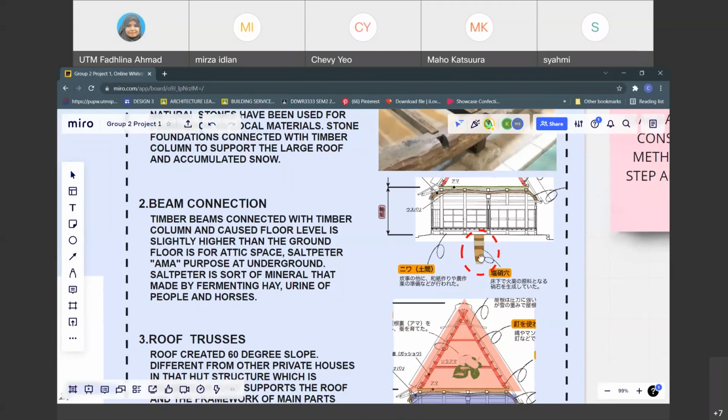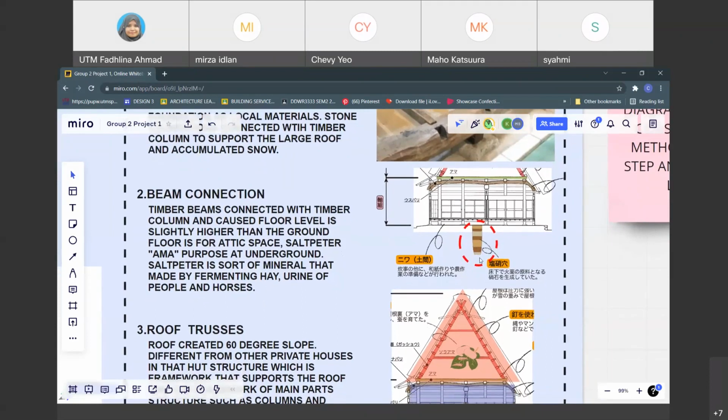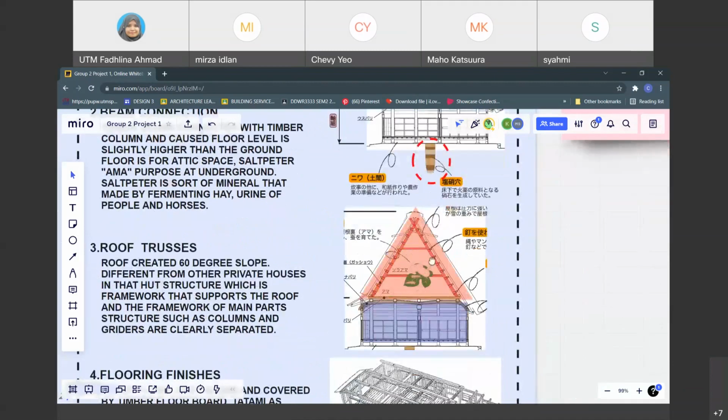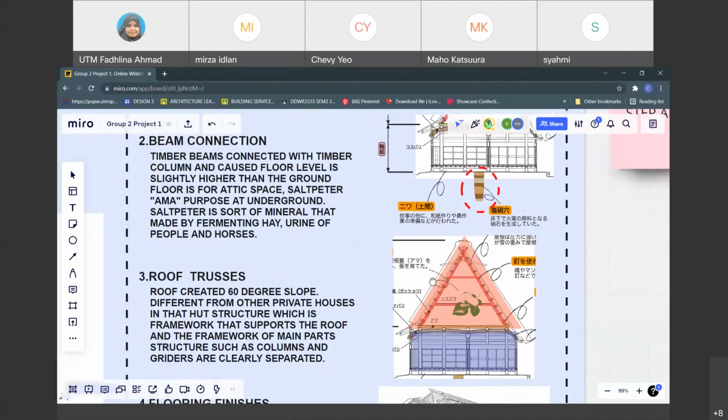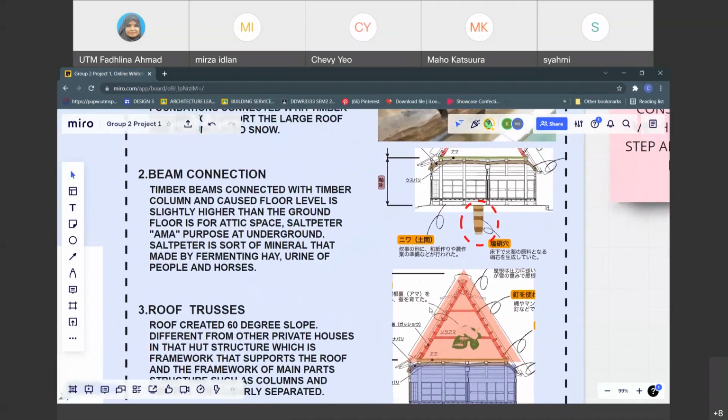Because you are talking about the beam connection, and I'm not sure why it is there. Oh, okay, I will research it after that. You need to relate it back to your topic, the beam connection. It is there, but it is under the topic of beam connection, that's why I'm asking.